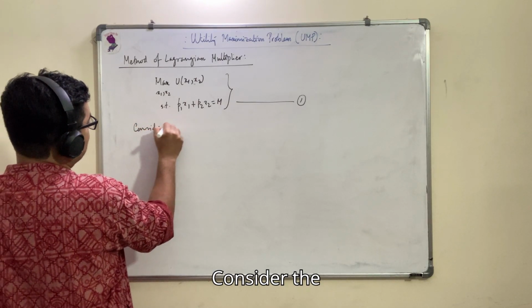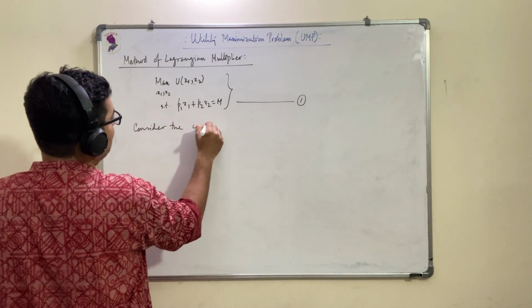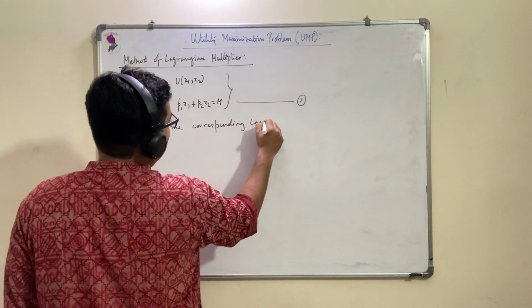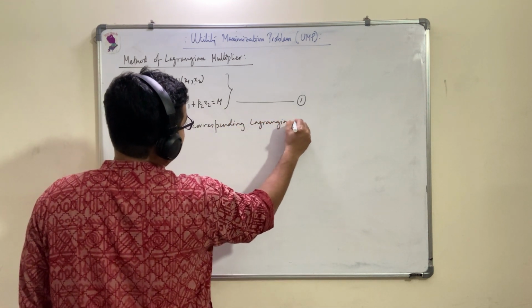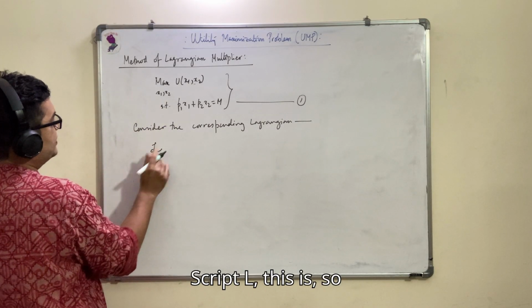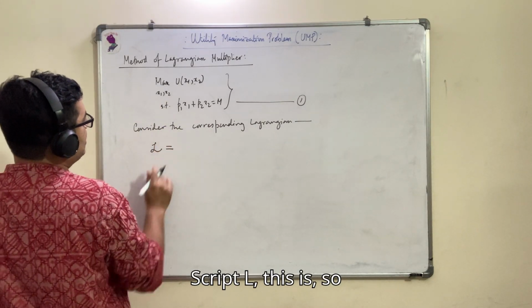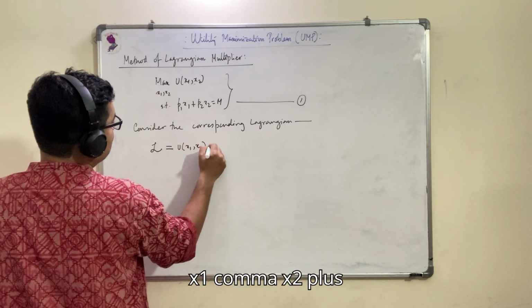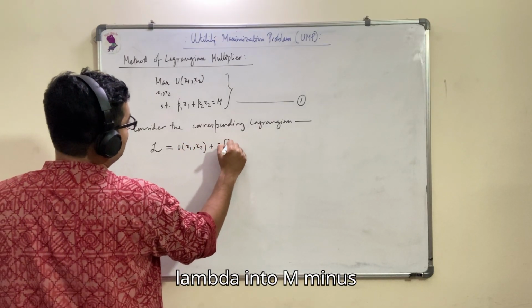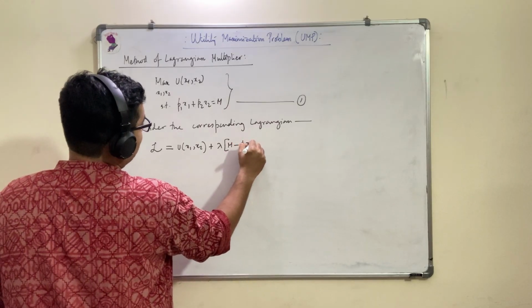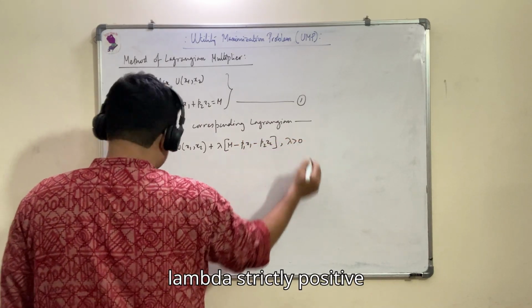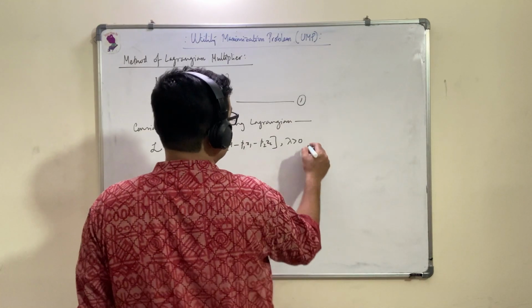Consider the corresponding Lagrangian, script L. This is script L equal to u of x1 comma x2 plus lambda into m minus p1 x1 minus p2 x2, lambda strictly positive.